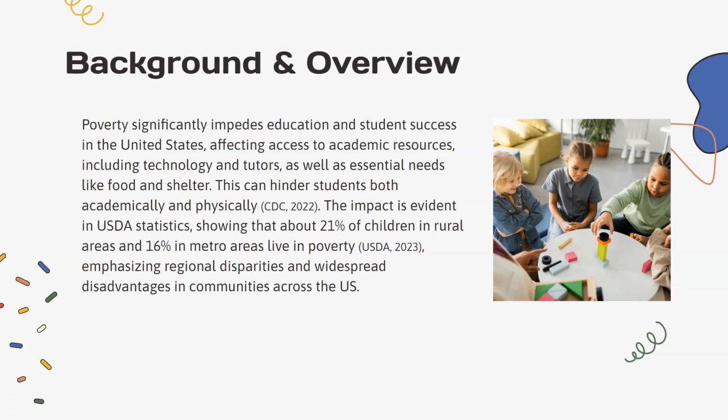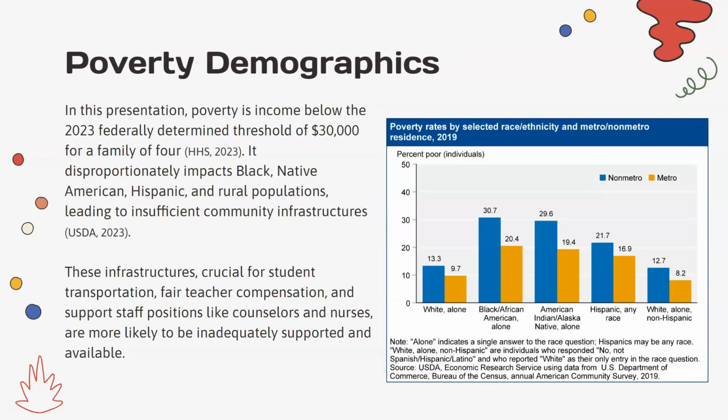The impact is evident as statistics produced by the U.S. Department of Agriculture, showing about 21% of children in rural areas and 16% in metro areas do live in poverty. This does emphasize regional disparities, and it does have a major impact on communities of color.